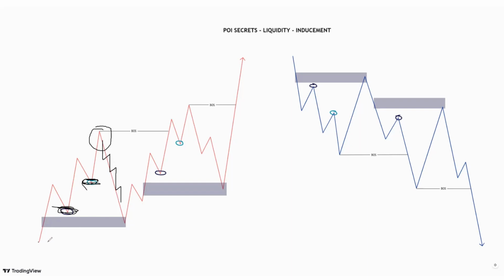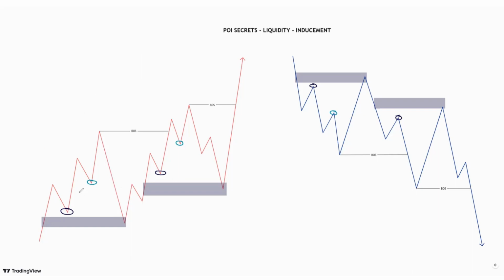You probably are not taking it all the way down, because this is just internal structure. It doesn't mean that the price is changing. Yes, internal structure is bearish, but external structure is bullish.